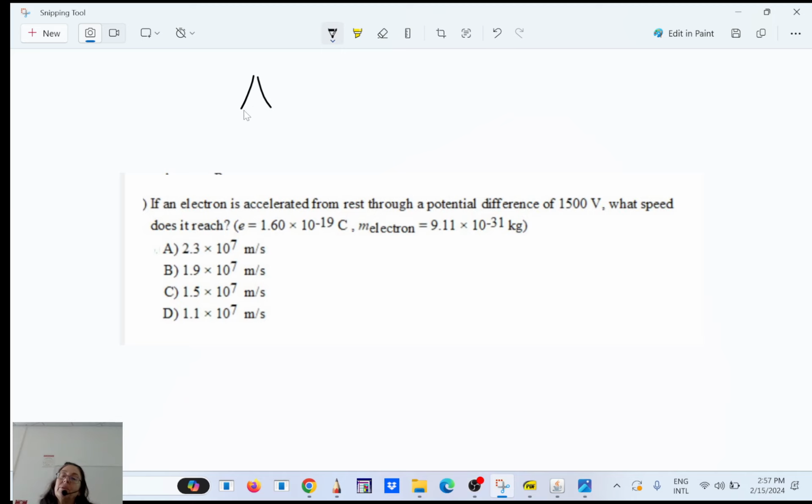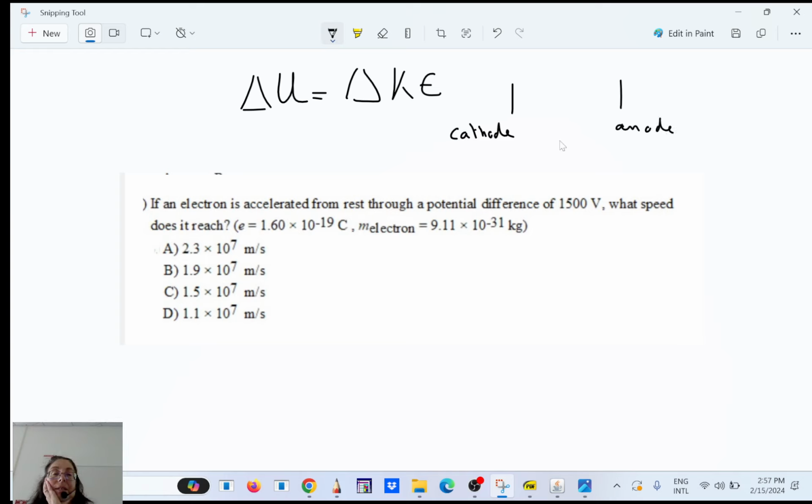So again, potential energy turns into kinetic energy. So if it's accelerated, that means here you have a cathode, and here you have an anode. It's like the cathode ray tube, and between them there is a voltage of 1500 volts.